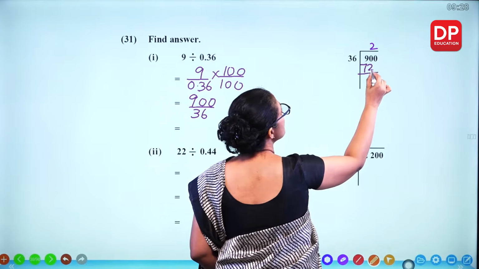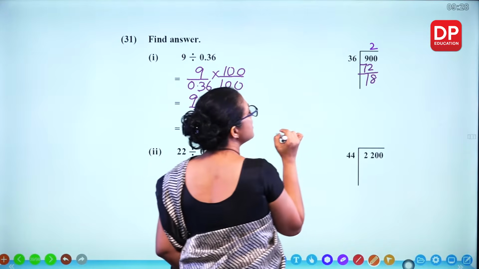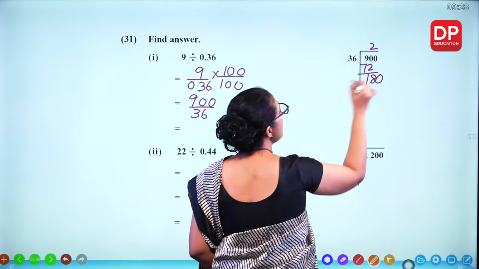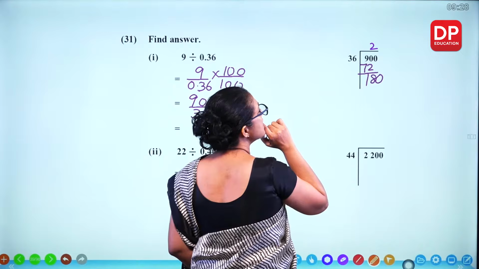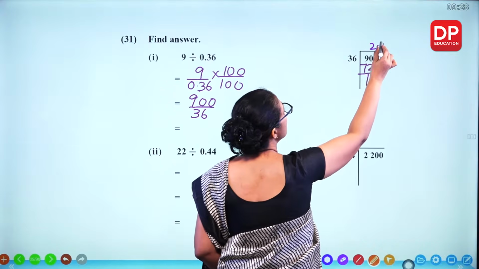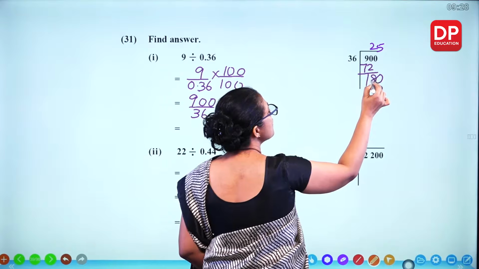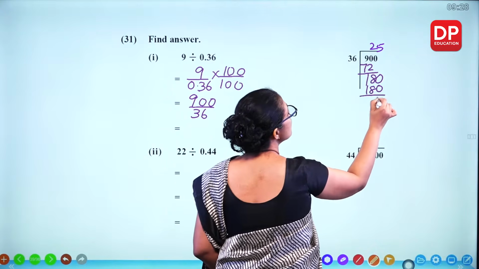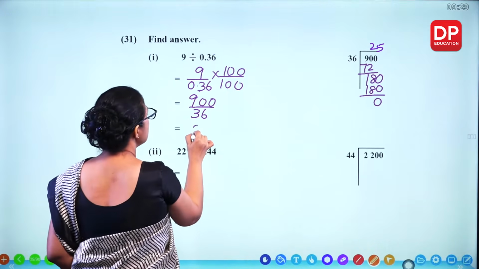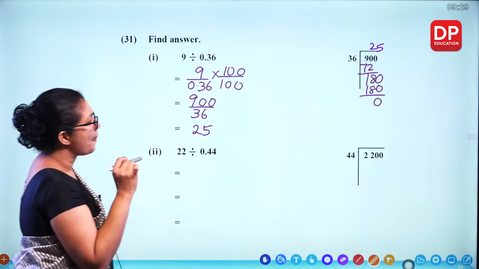When you subtract, you get 18. For 180, this is 5. 5 times 6, 30. 5 times 3, 15 plus 1, 18. So 25 is the answer.